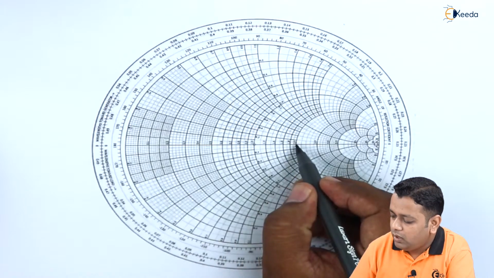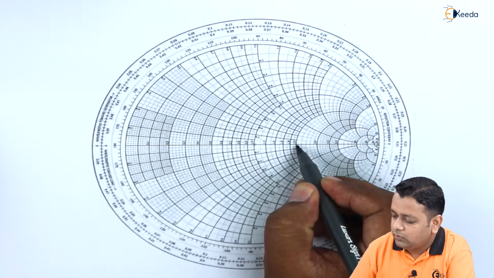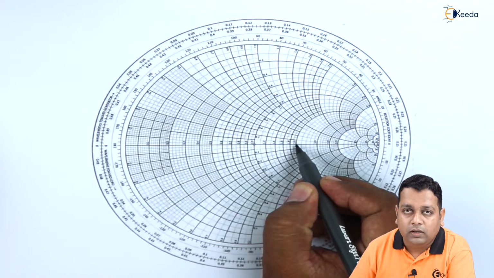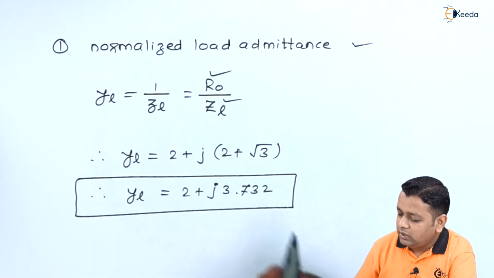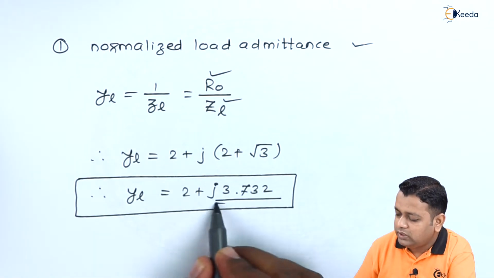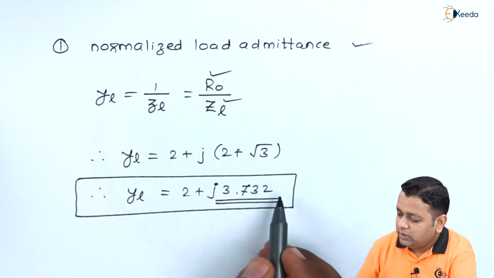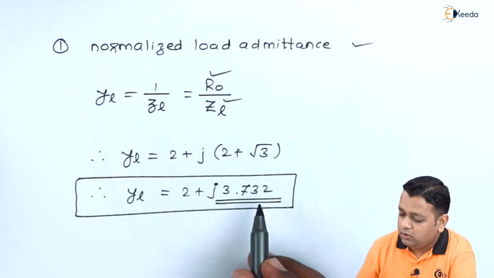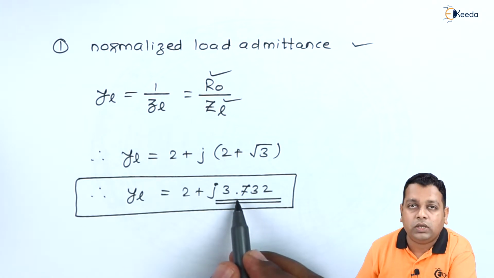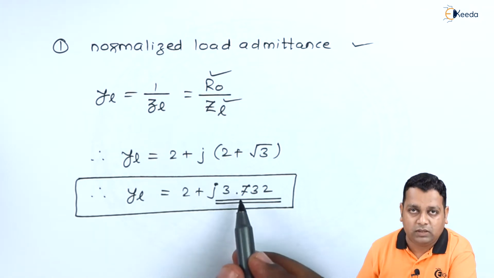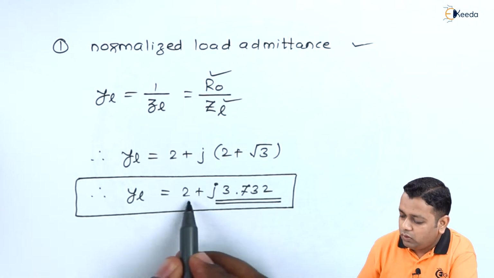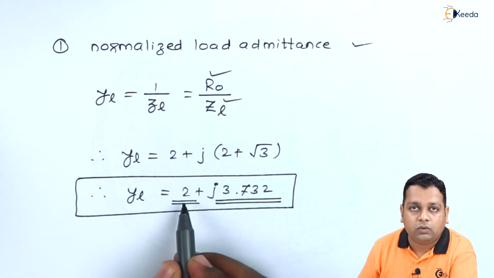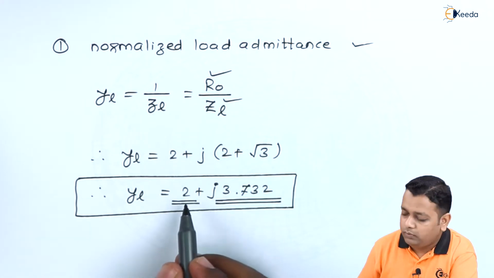We need to go for R equal to 2.0, this particular line here. Next to that, we have the imaginary part to be 3.732. So this is the positive part. Therefore, in the Smith chart, we need to find the value on the upper half of the Smith chart here, whereas on the horizontal line, we should be finding the constant resistance circle of 2 here.